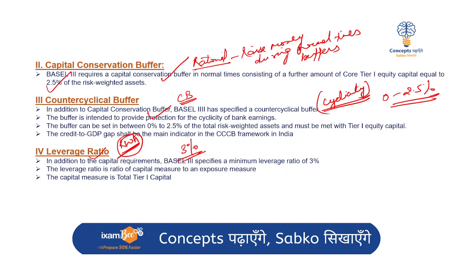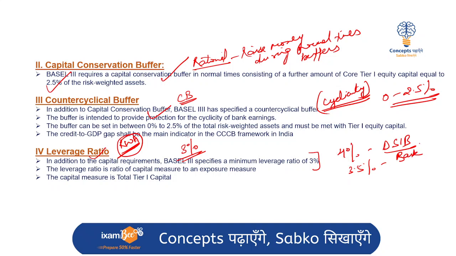For Indian banks also, certain ratios are defined that need to be maintained, because these are the standard ratios given by the Basel norms that, across the countries, they need to maintain. But in the case of India, the leverage ratio shall be 4% for domestic systemically important banks, and 3.5% for other banks.